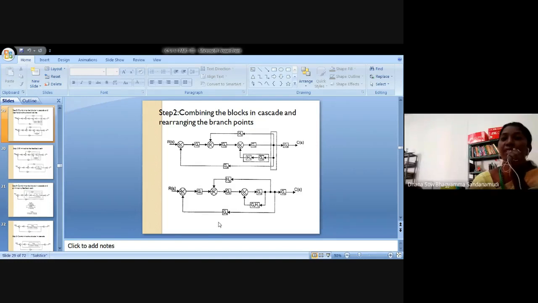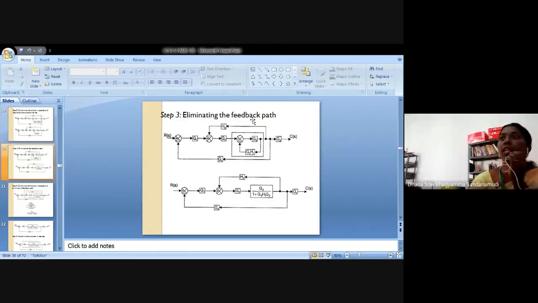You can message me if you have drawn it. I have 2 screens, so I can even view what you are typing in the chat. Next, step number 3, eliminating the feedback. Don't draw this first diagram, it is for your understanding purpose.